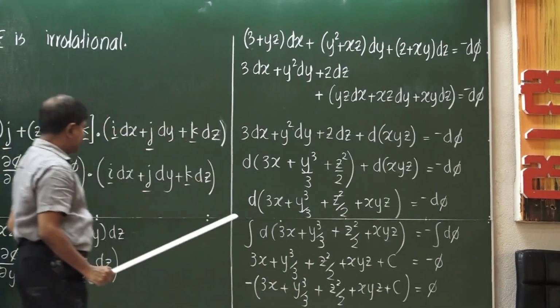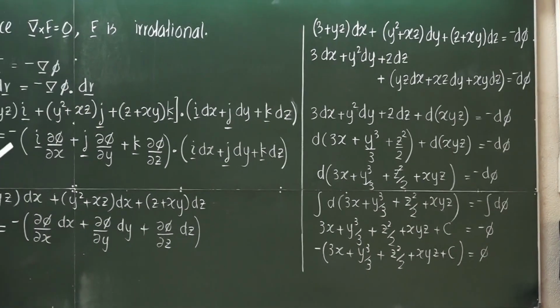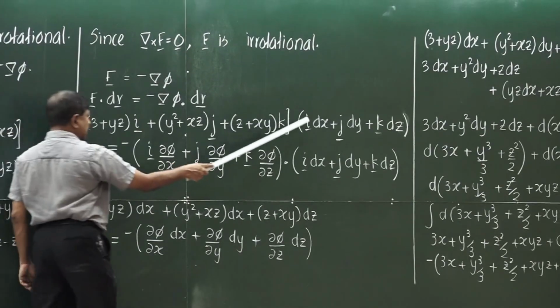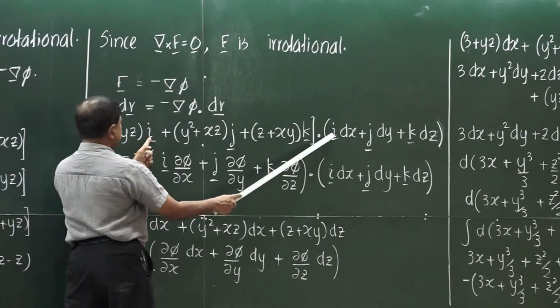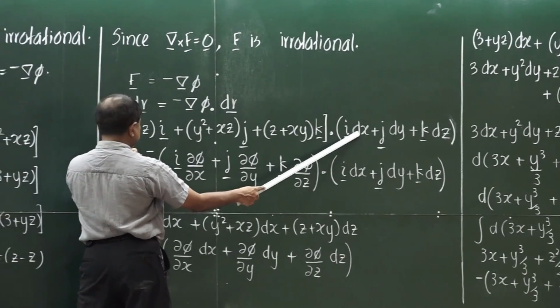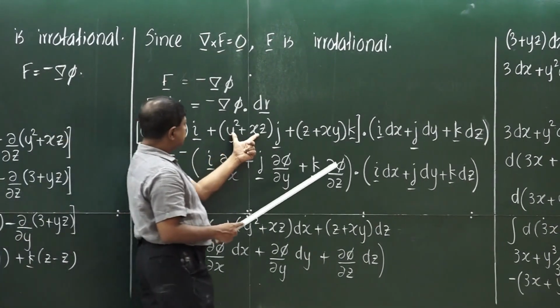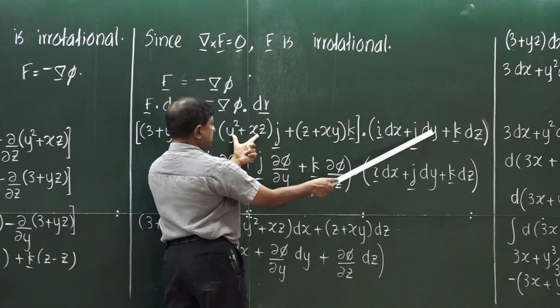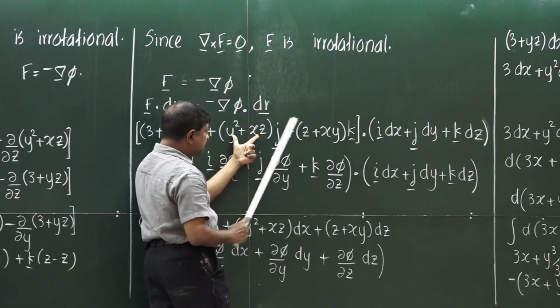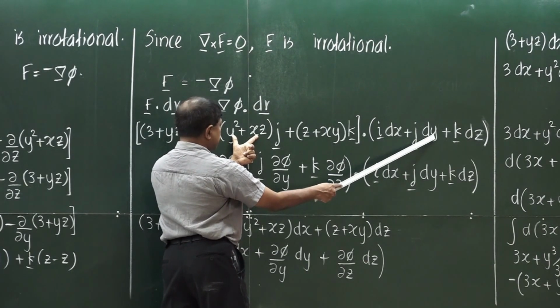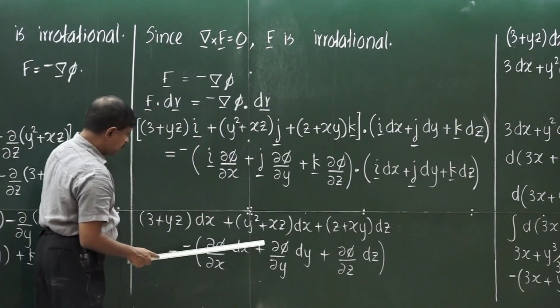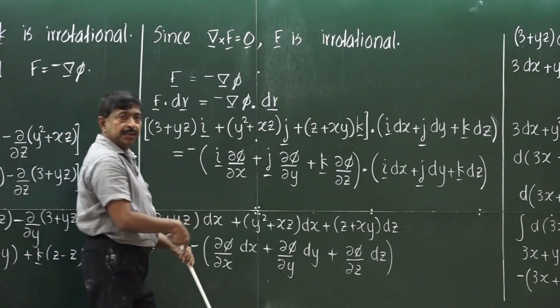Now, the left hand side. When you take the dot product, i dot i is 1, therefore this goes with dx here. Then y squared plus xz goes with this one, because j dot j is 1. So, this times dy, you have it here, but I should change it to dy.